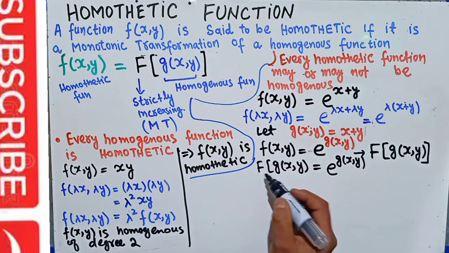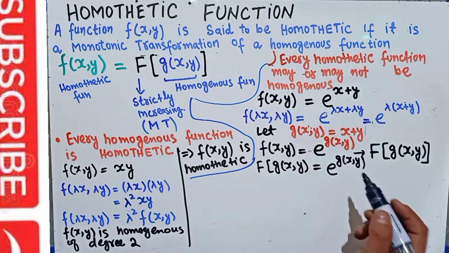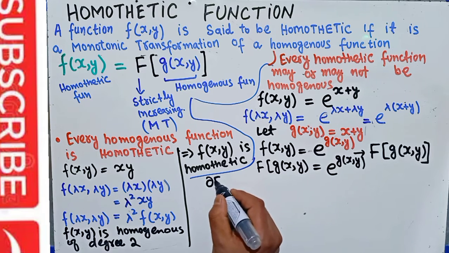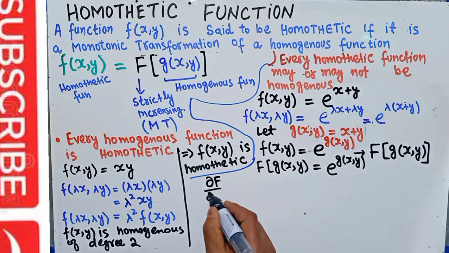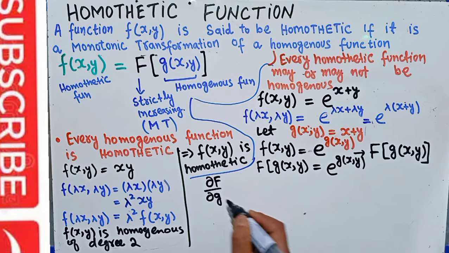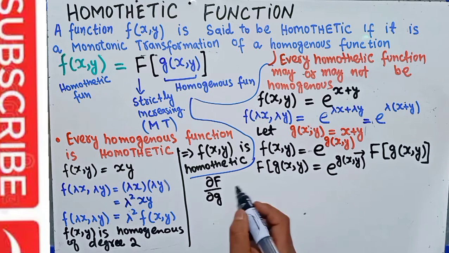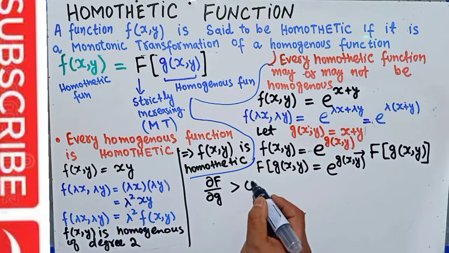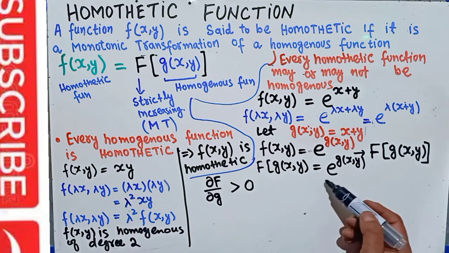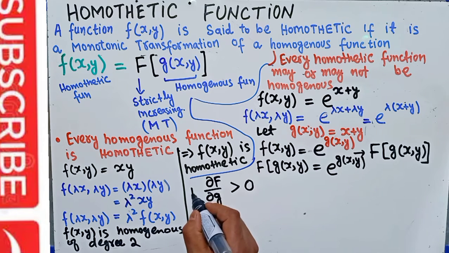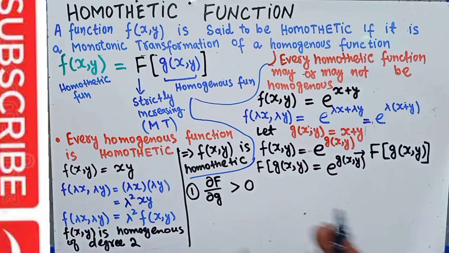Now is this function strictly increasing? That means, is df upon dg greater than 0? Yes, it is, because we know that the exponential function is always positive. So the first thing is, we got a strictly increasing function.